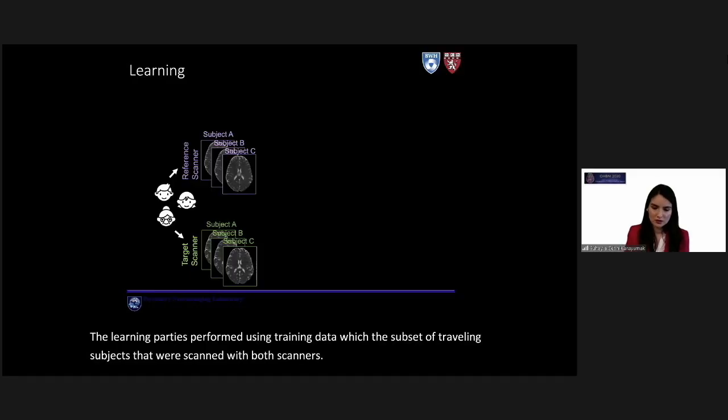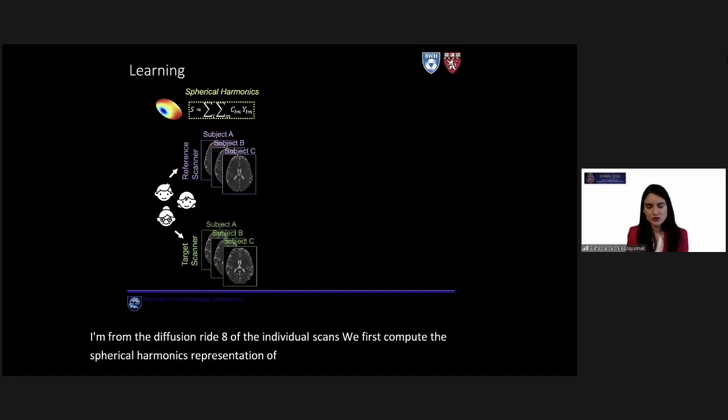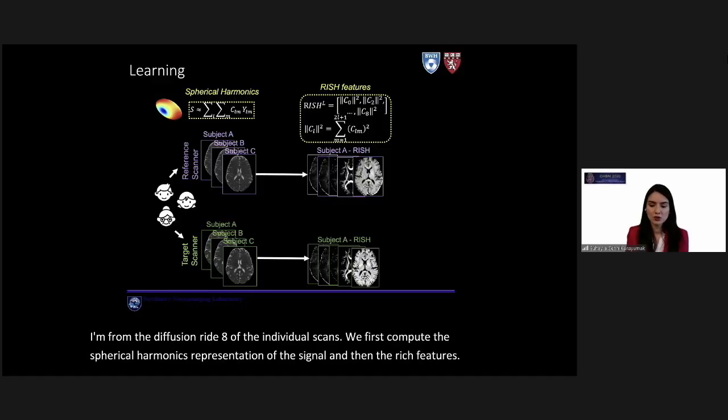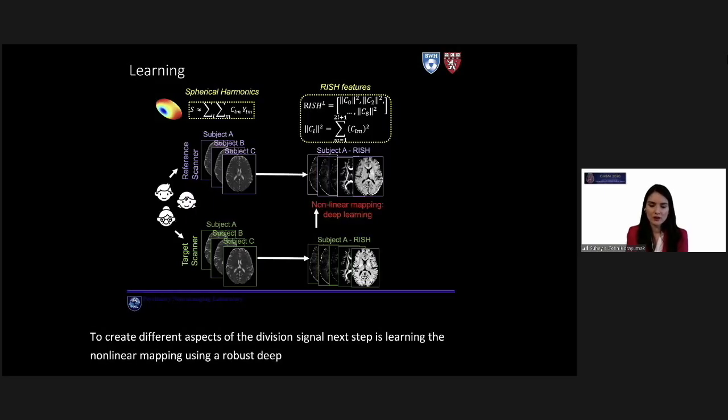From the diffusion MRI data of the individual scans, we first compute the spherical harmonics representation of the signal, and then the RISH features to capture the different aspects of the diffusion signal. The next step is learning the nonlinear mapping using a robust deep learning algorithm. I will go into more detail on this on the coming slide.